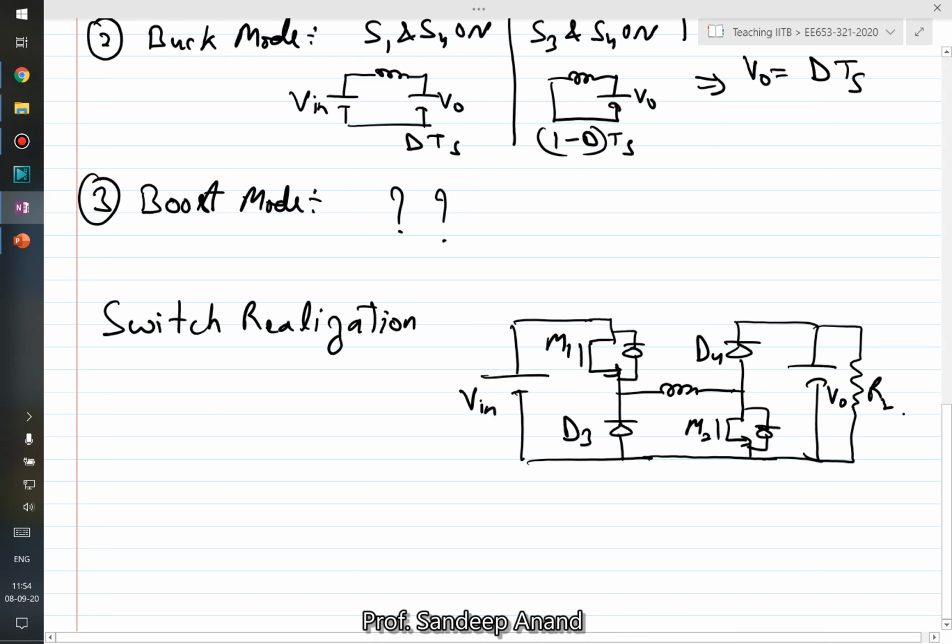Which justifies that we can operate this converter in all the 3 possible modes, and it gives a non-inverting output, right? So it's justified because you have more devices, you have more degrees of freedom to turn on and off those devices, and therefore you have more modes of operation of this particular circuit.